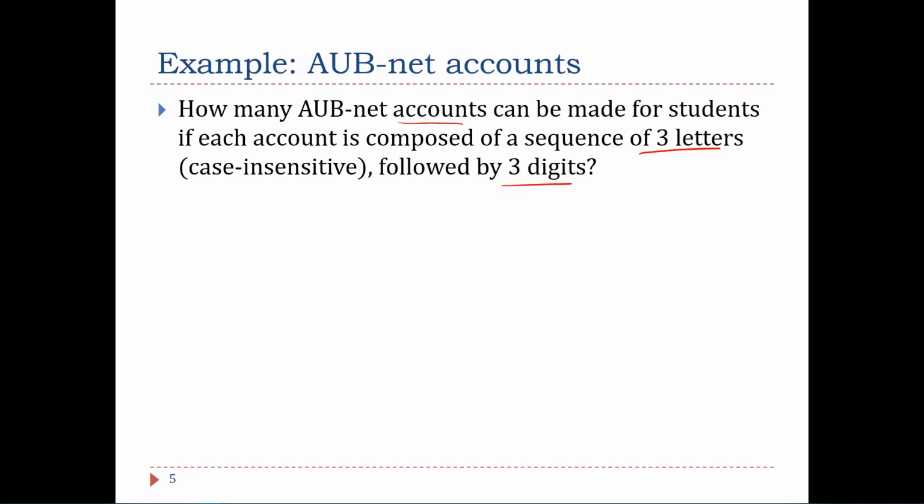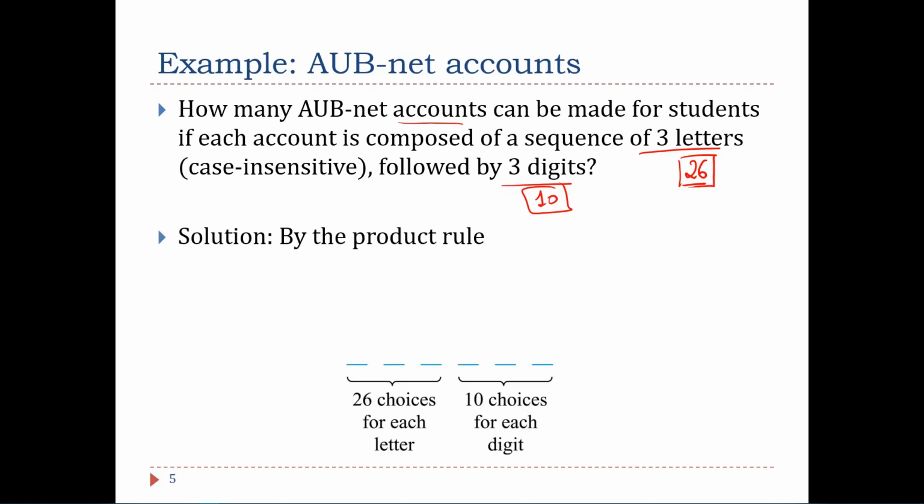For the 3 letters, if it's case insensitive, you just have 26 different possibilities, and for the digits you have 10 different possibilities. Each of them can be picked one or more times for the 3 places. So all in all, you have 6 different places, but for the first 3 places you have 26 different choices for each letter, and then for the other 3 places you have 10 choices for each digit.